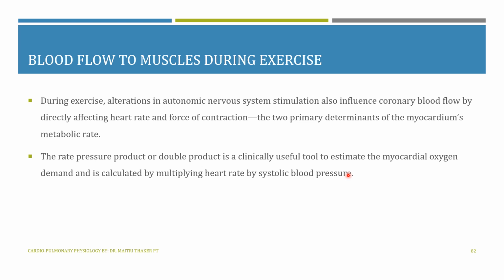From this rate pressure product, we will come to know how much oxygen our heart will need. So basically this formula reflects myocardial oxygen demand. This is a very important concept when we are doing stress testing in cardiac rehab.